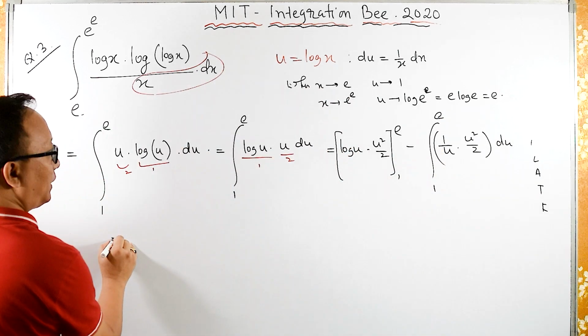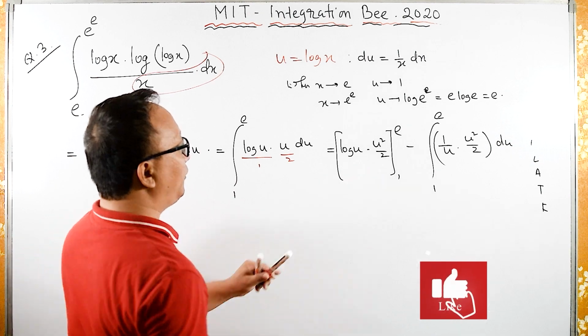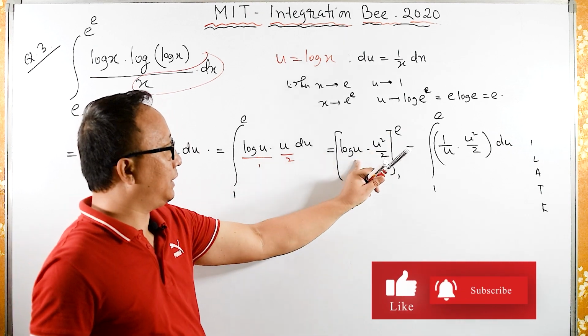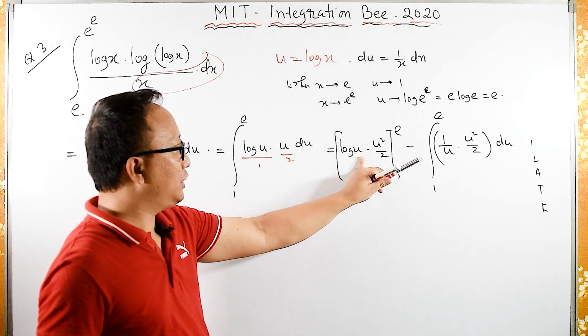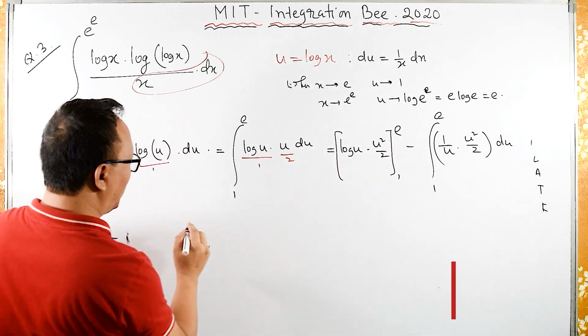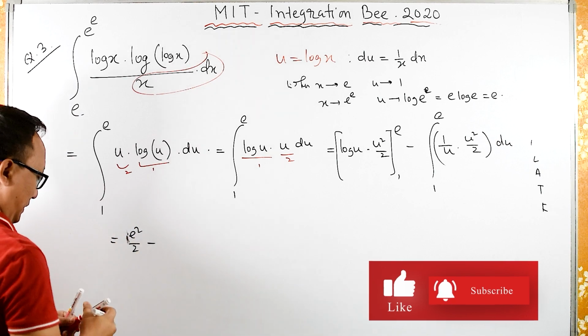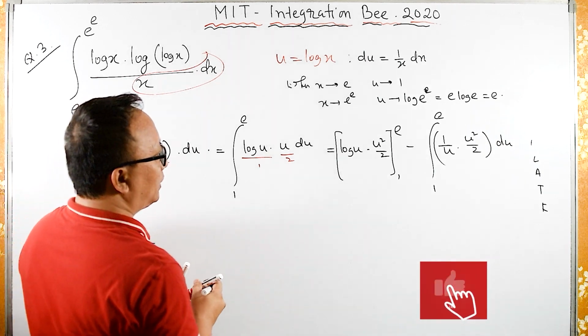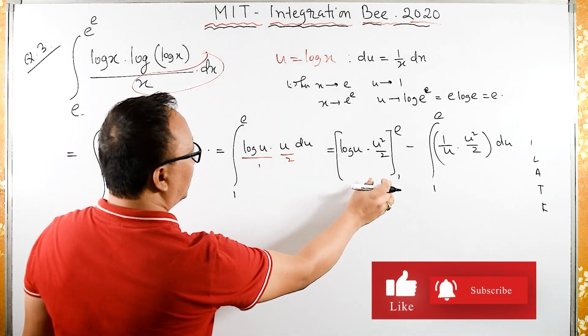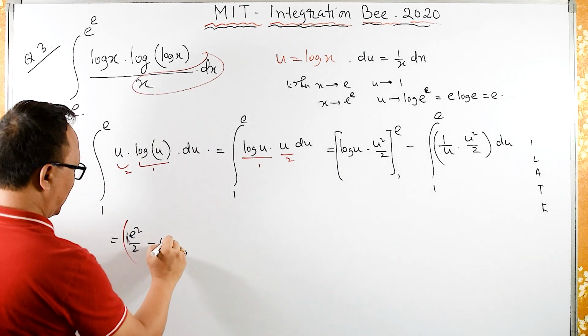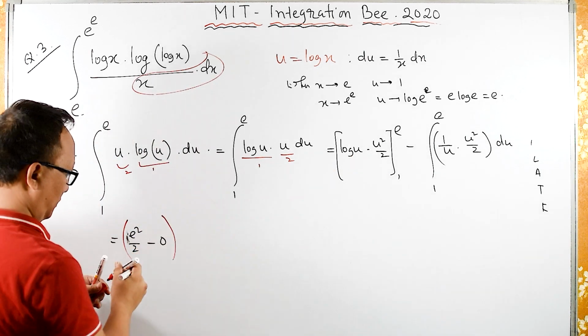Now if I substitute the upper limit, log of e is 1, so we get e square upon 2, minus the lower limit. For the lower limit, log 1 is 0, so everything becomes 0.